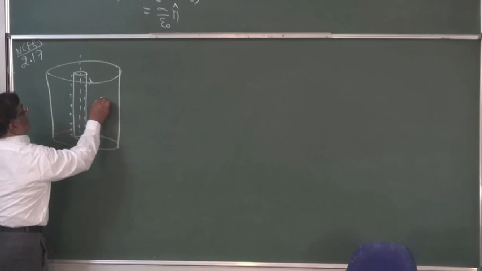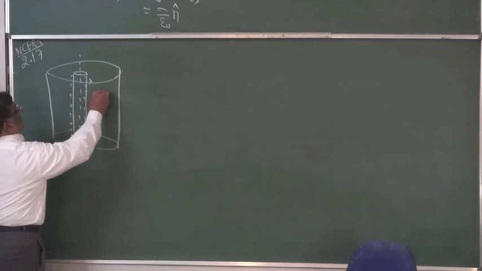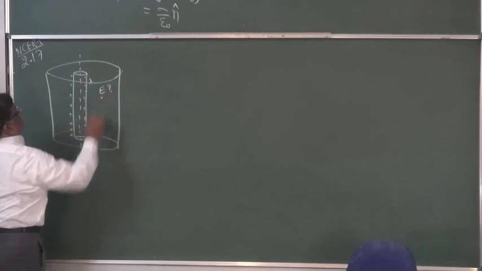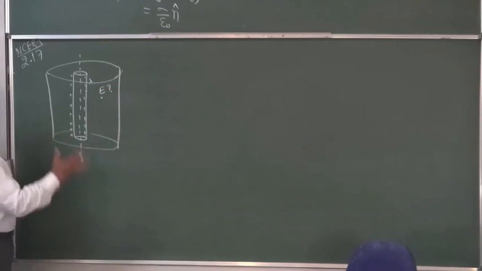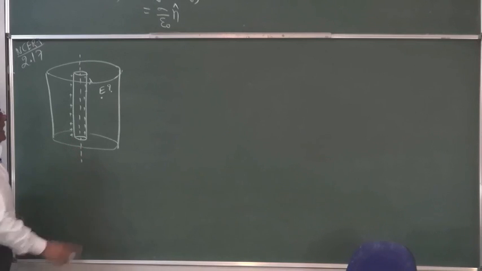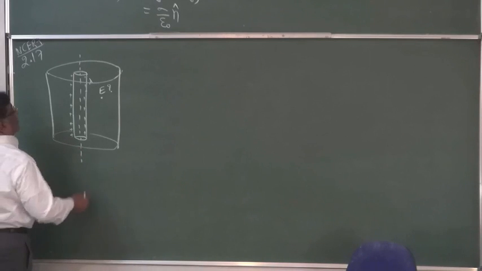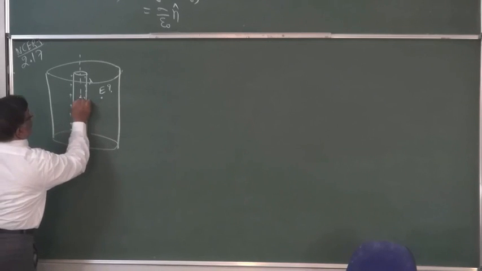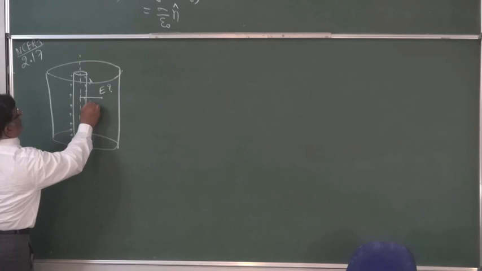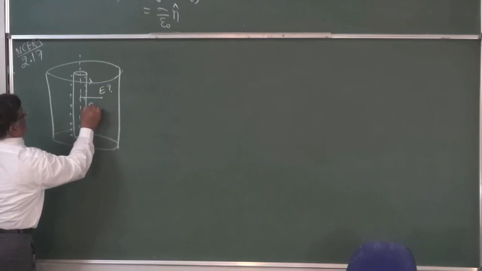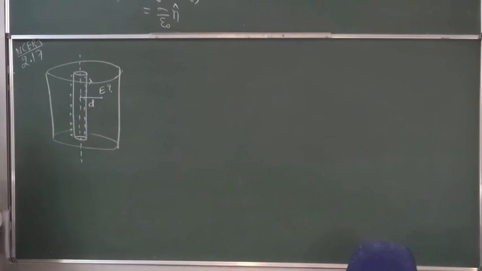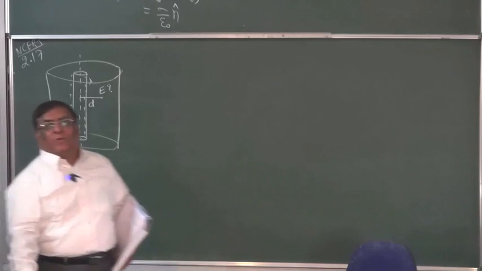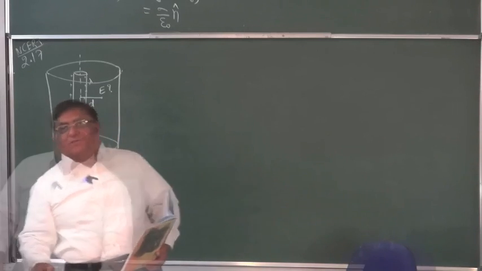At any location in this space, what is the electric field here? This we are supposed to find out. Nothing else is given. We have to assume that this location is at a certain distance. Let this distance be d. Then we would like to find out what is the electric field at this location.